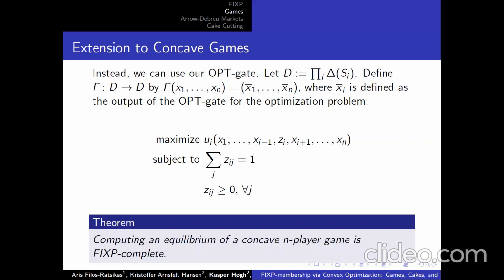And so we also get the theorem that computing an equilibrium is FixP-complete also for concave n-player games. Before I didn't mention it, but this theorem of Nash only works when the utilities are basically linear. But our optimization gate also works when the utilities are concave. So we get this result.